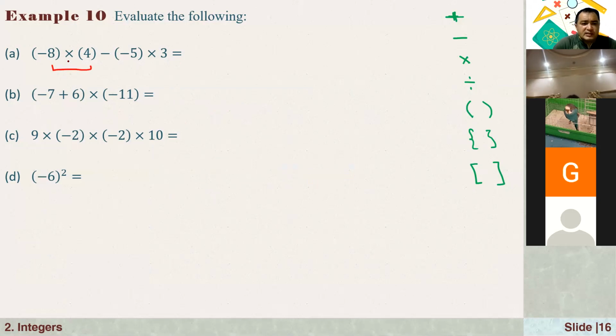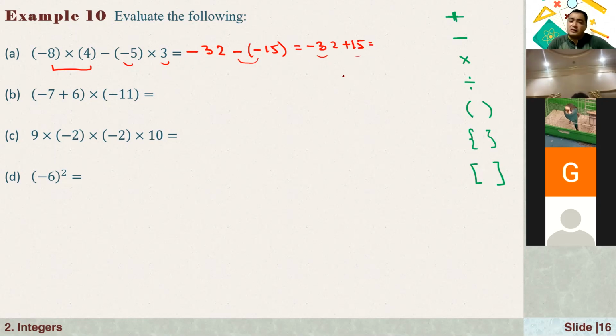Negative 8 times 4, negative times positive, so the answer will be negative. 8 times 4 is 32. Okay, we are done with the first part. Minus, here we have negative 5 times 3, negative times positive, it is negative. 5 times 3 is 15. Equals negative 32, minus negative is plus, so here we have plus 15. Now we have negative 32 plus 15.